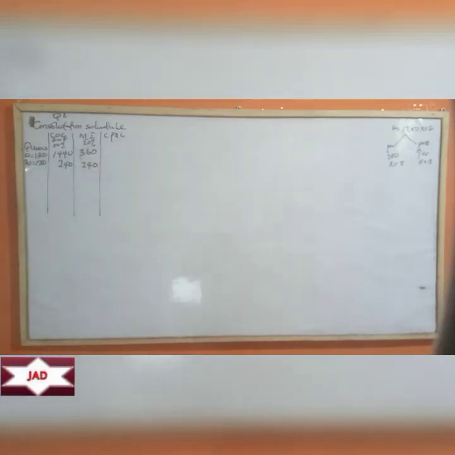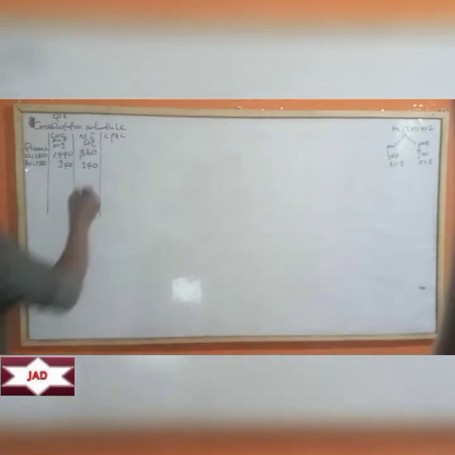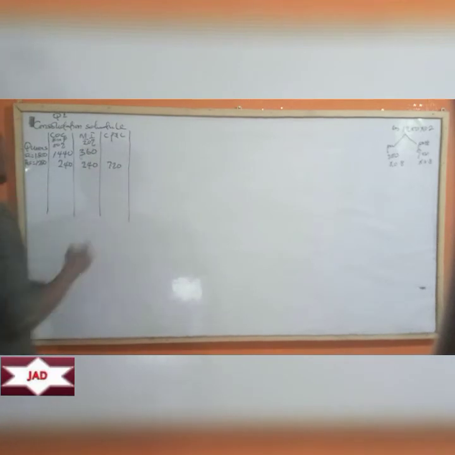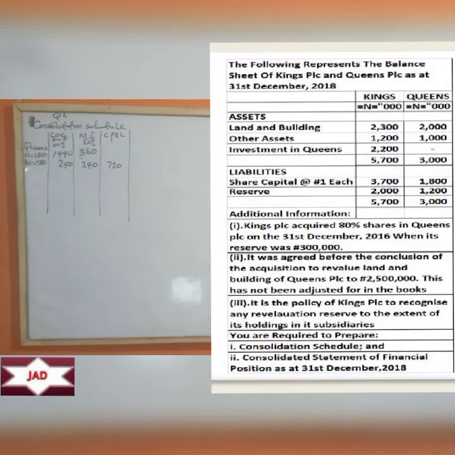Post there will be 80% of 900. $720. So when you add up these three, it should give you 1,200. So let's go 240 plus 240 plus 720. 1,200. Okay.